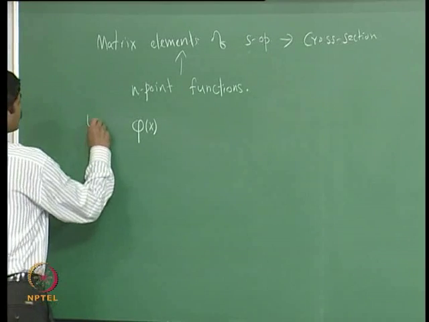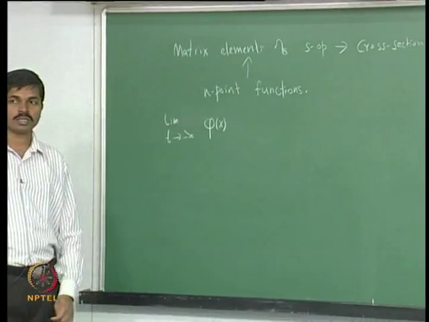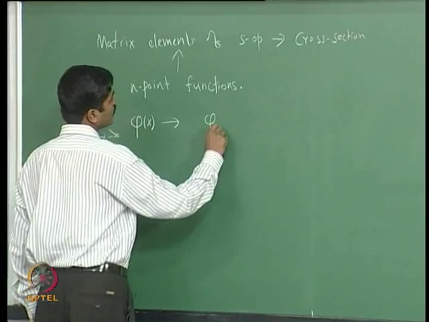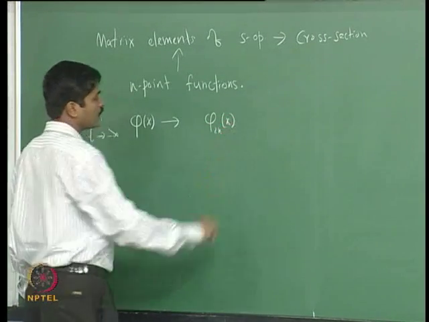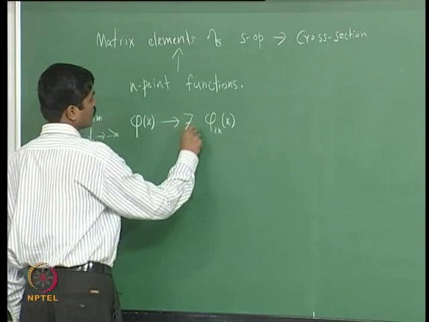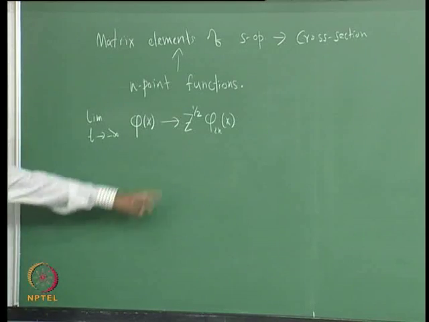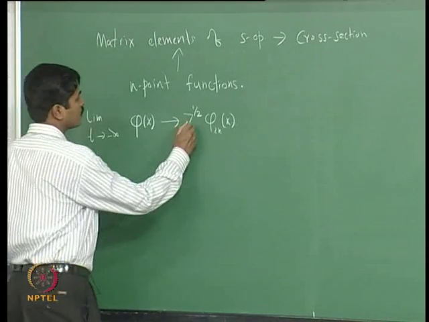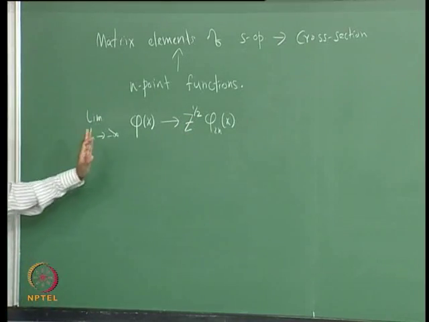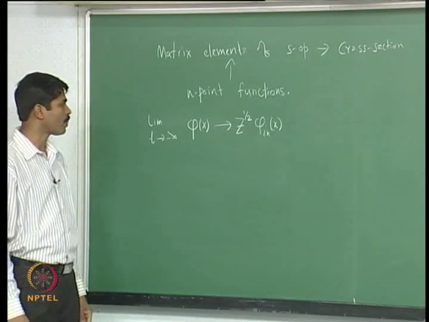Then in the limit t goes to minus infinity, the field phi of x goes to phi in of x up to a normalization constant, which I will call z. For convenience, I will introduce this coefficient, z to the power half, and the interacting field goes to this as t goes to infinity.